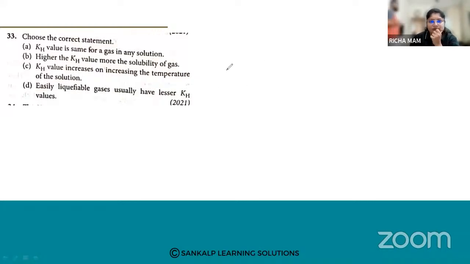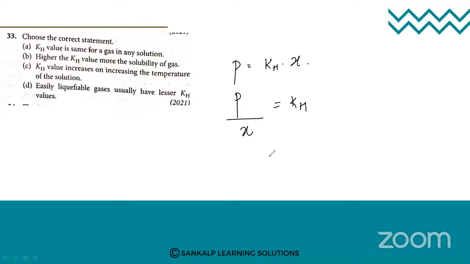We know Henry's law: P is equal to KH into mole fraction, so the pressure by the mole fraction is nothing but your Henry's constant. When we talk about the solubility of a gas in a liquid, it is inversely proportional to the value of KH.